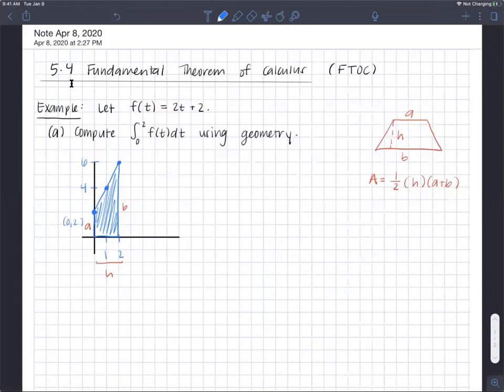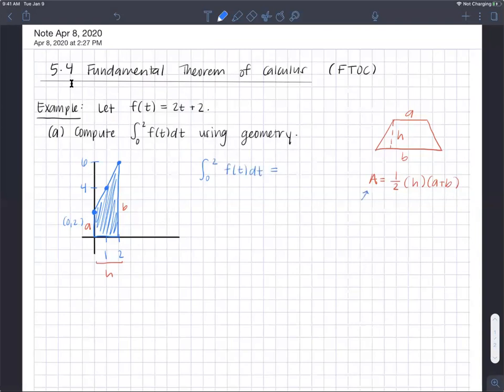So when I do this integral from 0 to 2 of f of t dt, I'm going to use this formula for the area.